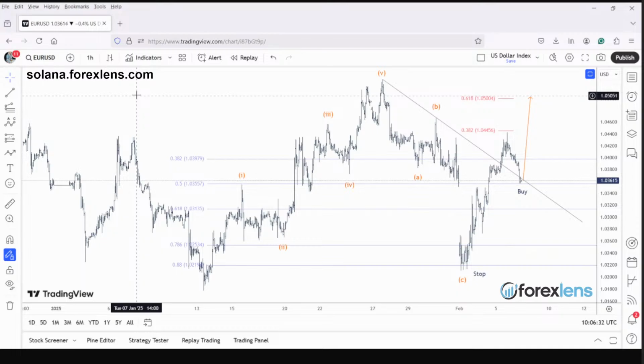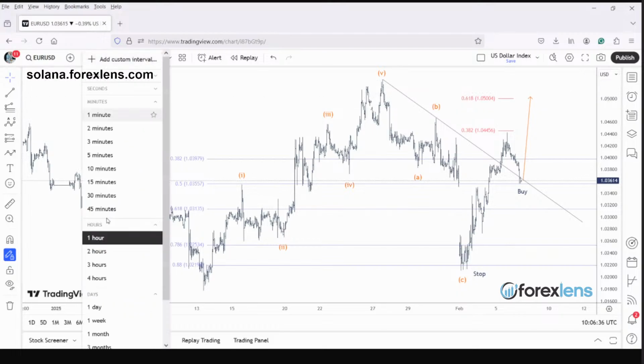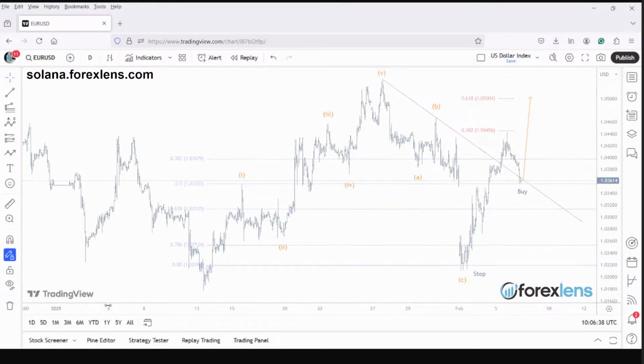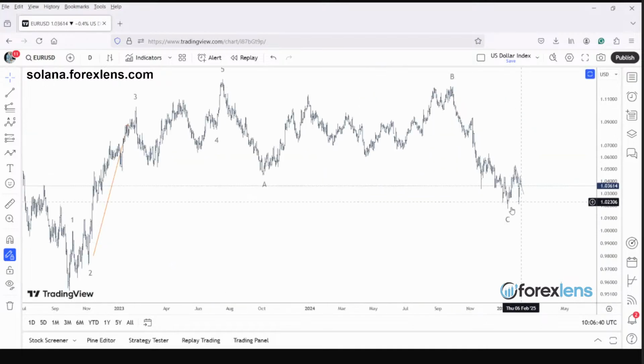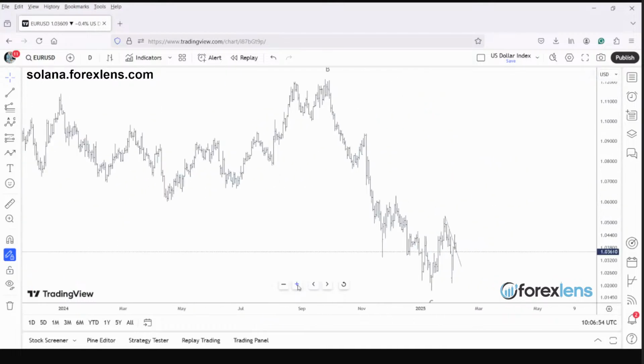Let's go back. I think the structure still remains firmly on the long side. We've got wave one and wave two of one larger degree in place. Again, there is a huge potential impulse in the making right here.